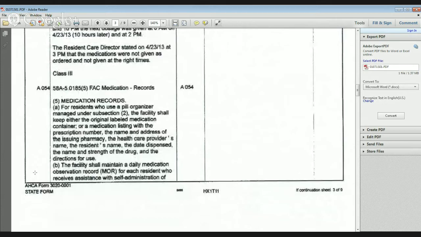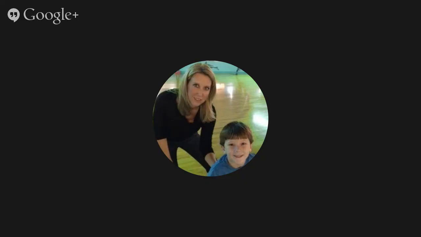Medication records? Medication records. So, of course, they're going to get tagged again for medication records because they were obviously not keeping good records and they weren't giving the medication properly. So it's still back with resident number 5. They tagged them for not giving the medication properly and not following the MOR, because they found that the medication wasn't given daily at 8 a.m., 2 p.m., and 10 p.m., and they weren't documenting that properly.